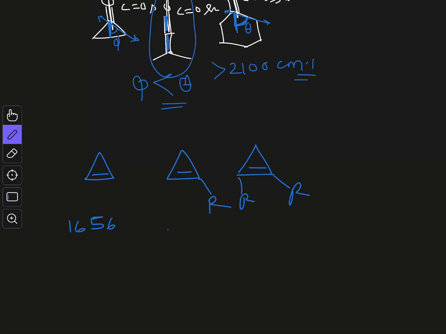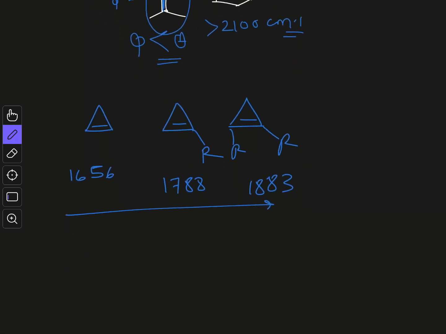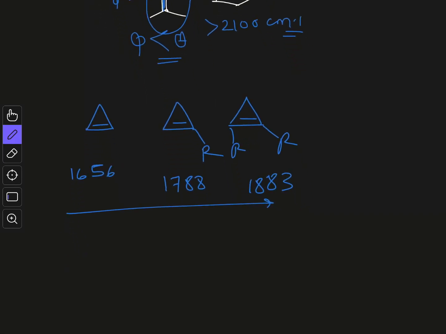When you put one alkyl group, it will be 1788, and when two alkyl groups are there, it will be 1883. So the increase is very high as we put alkyl groups. So why is this increase there? Again, as you put one alkyl group, it will add some coupling to the C=C stretching frequency.